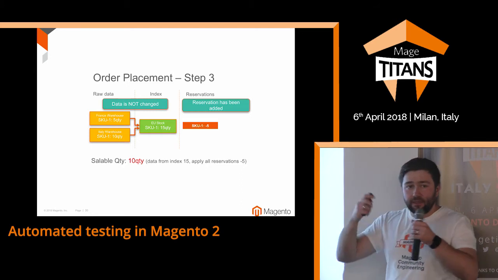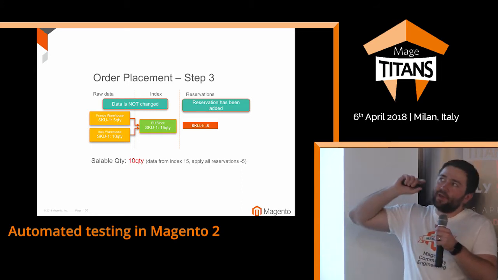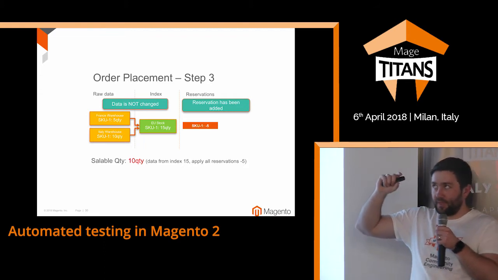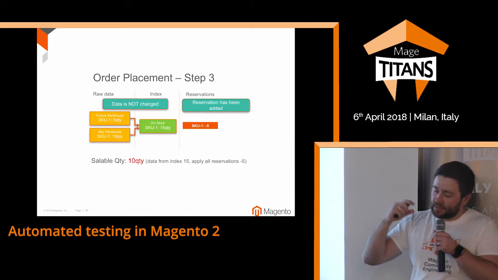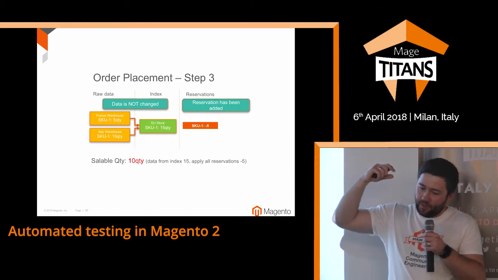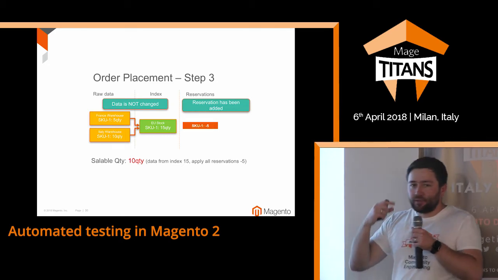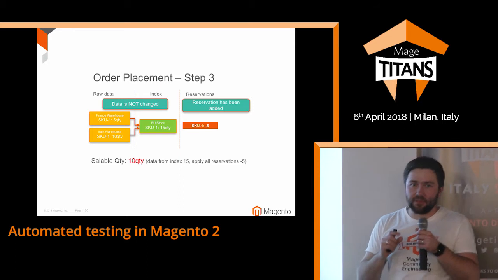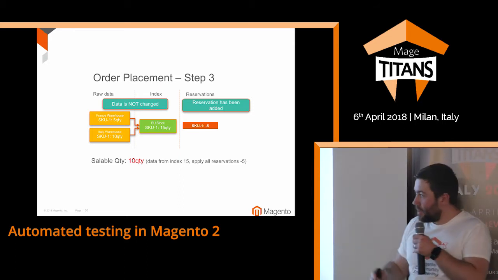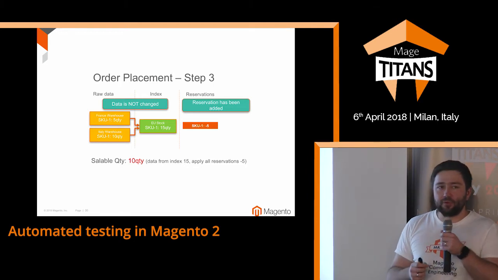And our saleable quantity. In the new inventory, we don't have inventory objects anymore which are part of the product entity. We have a dedicated service, and we consider that the amount of products you have in salability is always a dynamic operation, and we always make a dynamic calculation, but this dynamic calculation is very fast. So what's the saleable quantity after the first order placement?